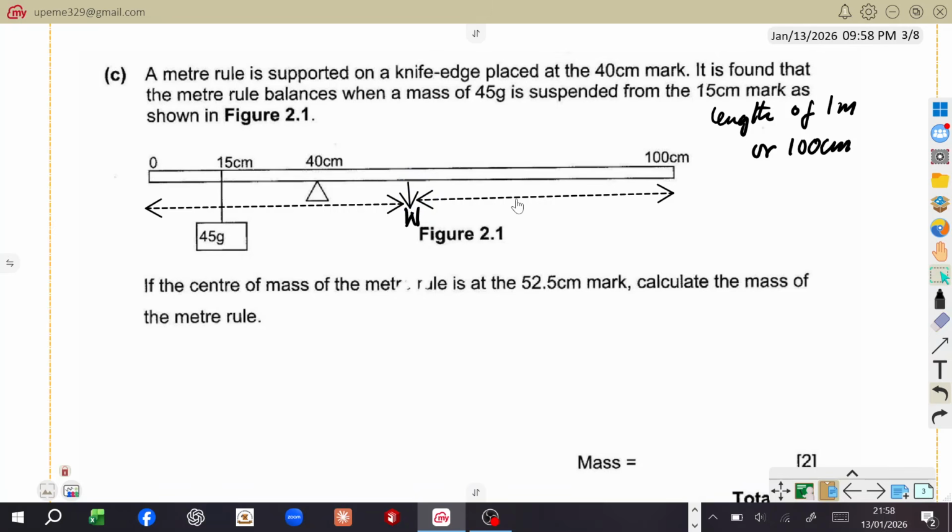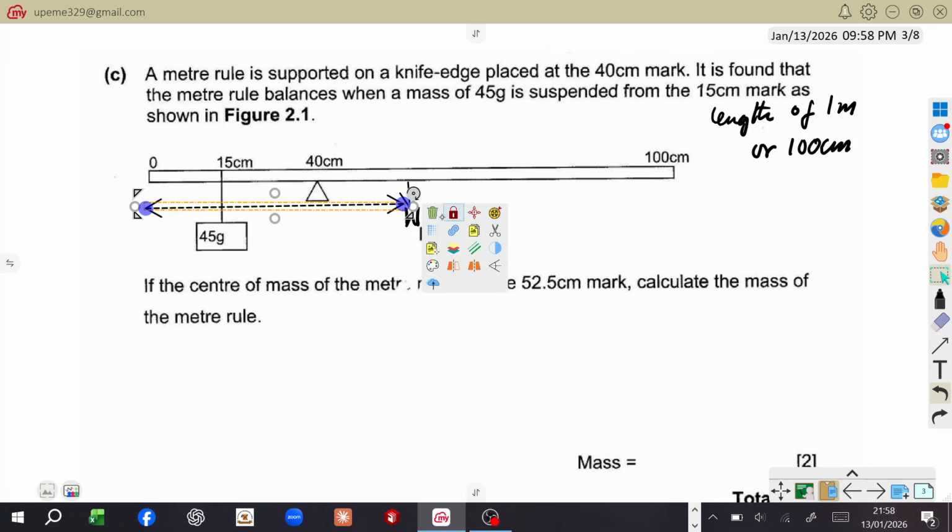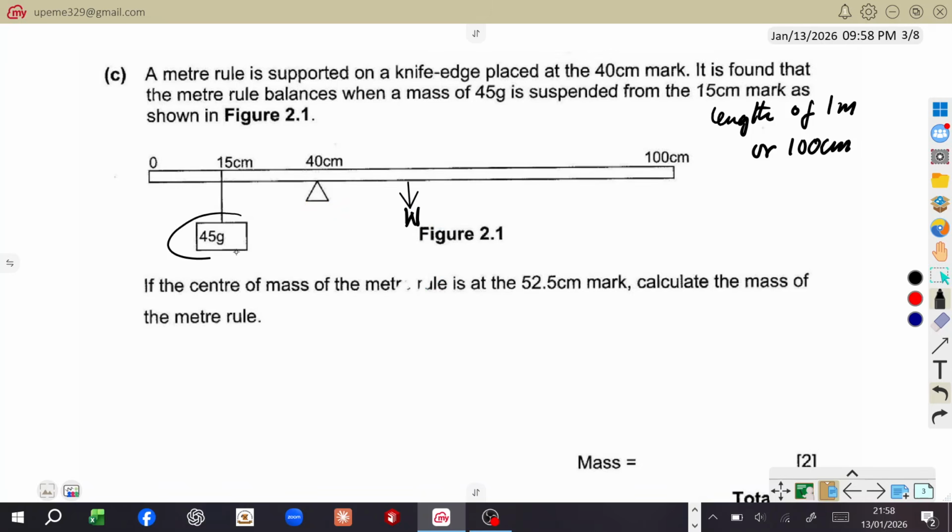So now we will remove this part, yeah, and this part. So there's weight at the center which is balancing with this mass here. That's why this thing cannot move to the other side, because they're saying it is found that the meter rule balances. So the moment you hear balances, the principle of moments comes in.